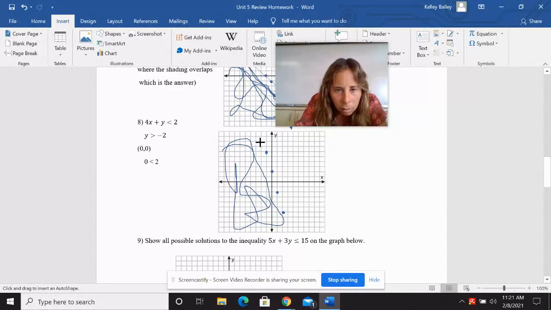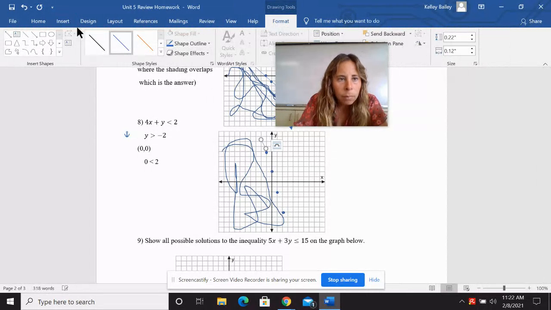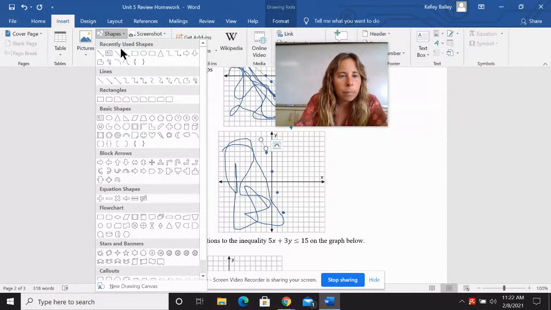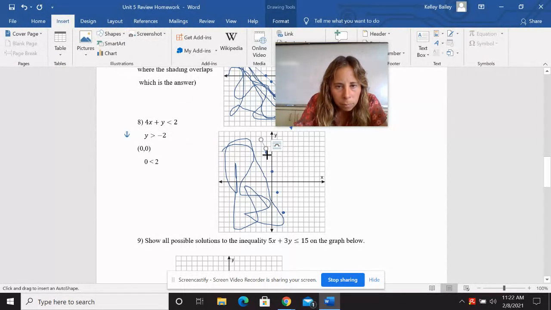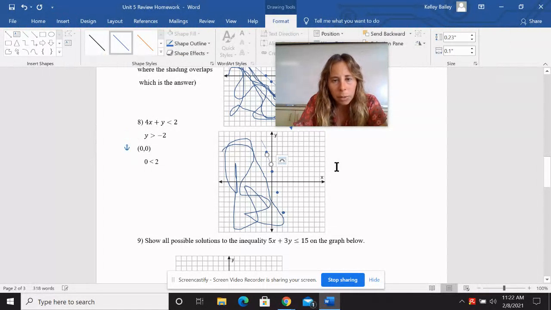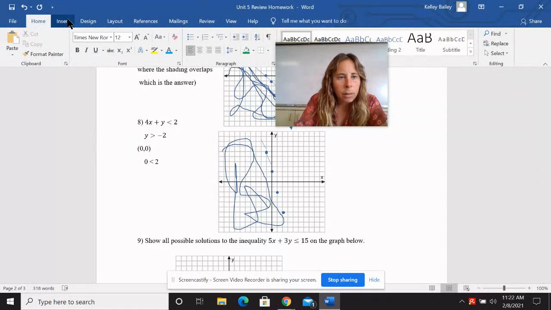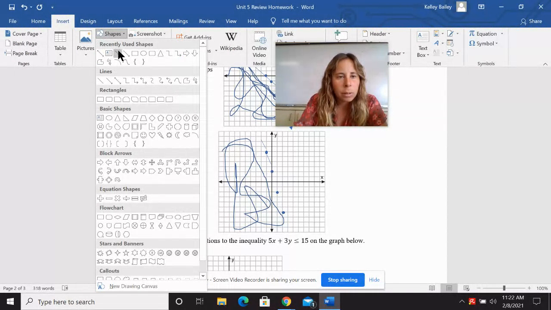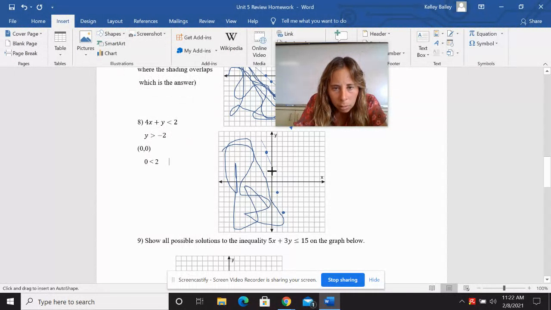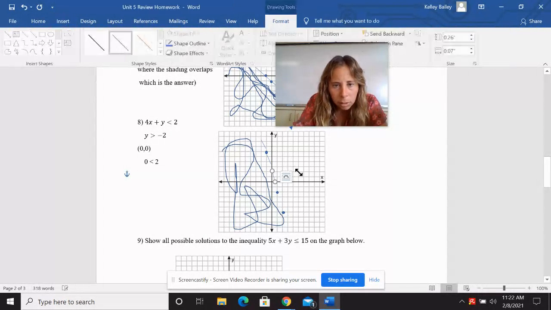Line. This is not going to be straight. It's okay. Insert shapes. Just curve down.